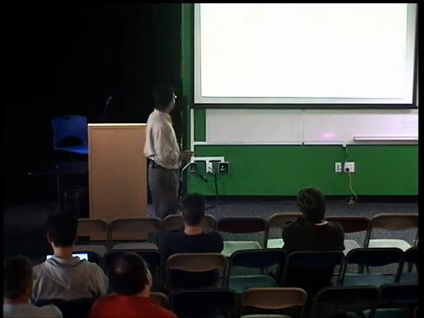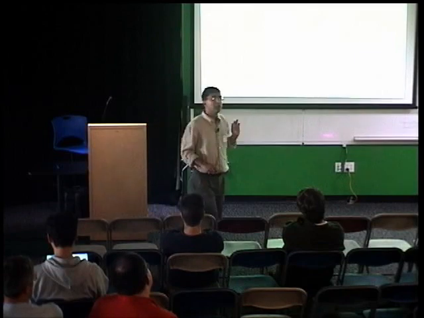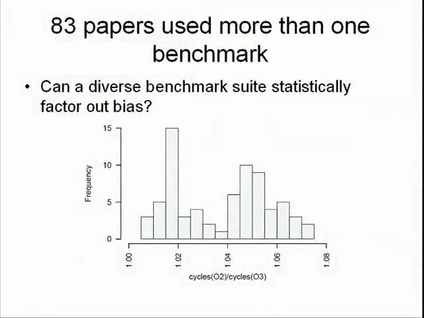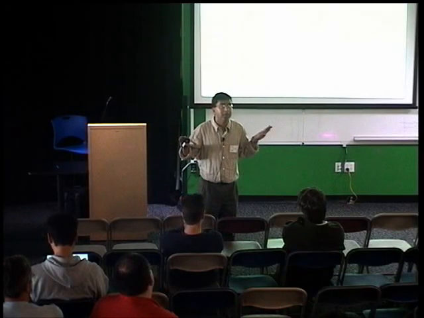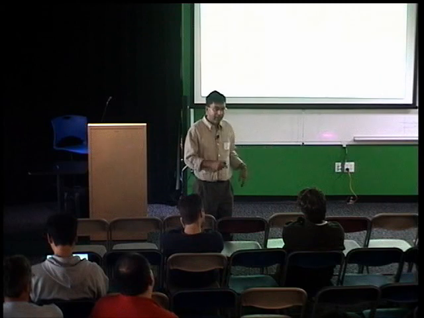So what we did here is, in this graph, I'm showing you numbers that are averaged over all the SPEC int 2006 programs plus the 3 C programs in SPEC FP 2006. So it's 12 benchmarks. And the x-axis gives you the speedup, but this is the speedup that is an average over the entire benchmark suite.